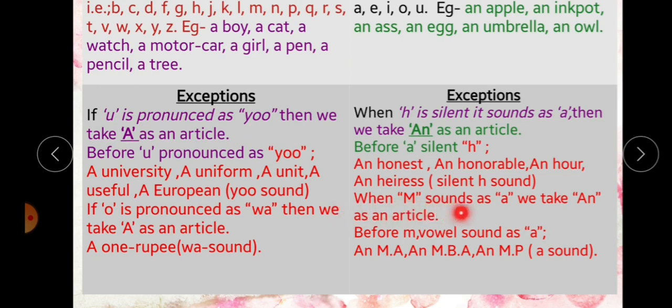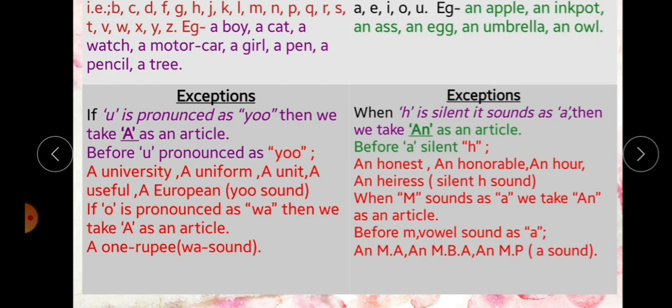Then when M sounds as a vowel, we take an as an article. Before M, the vowel sounds as e. For example, an MA. Now when I'm speaking MA, the sound of e comes first, that is em. So we will put an as an article. Though this word starts with M, a consonant, we will not put a before it, we will place an because the sound of a vowel comes. In the same way, an MBA.